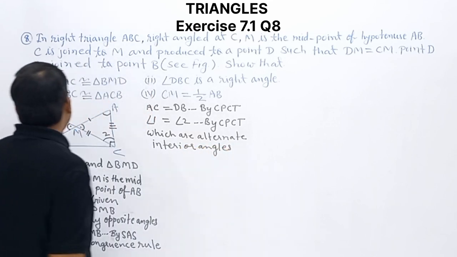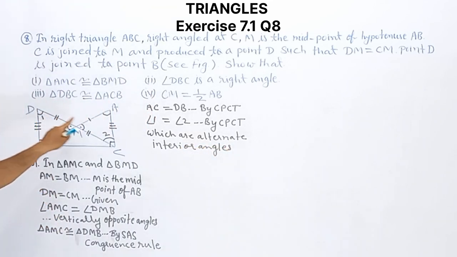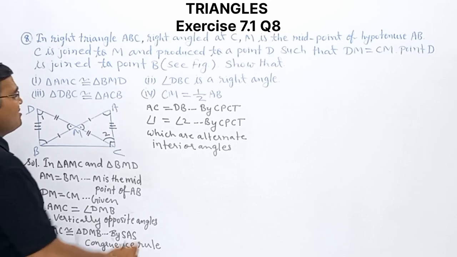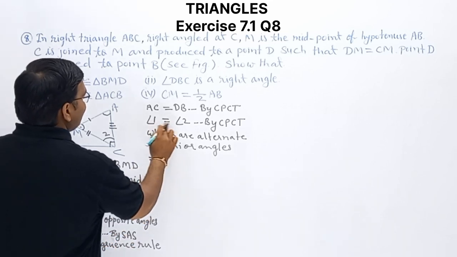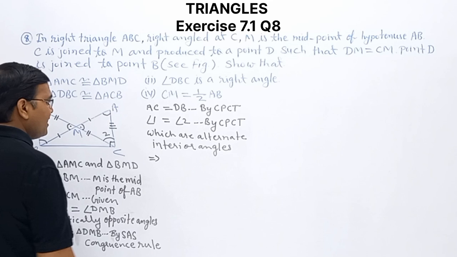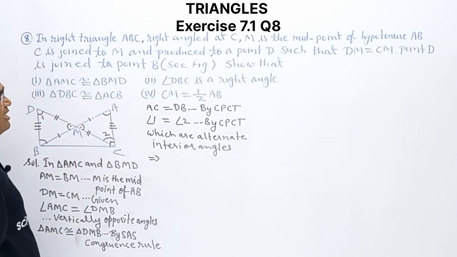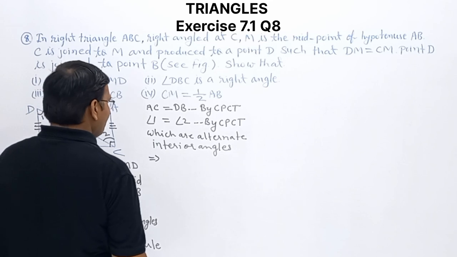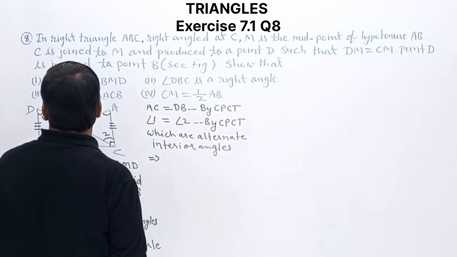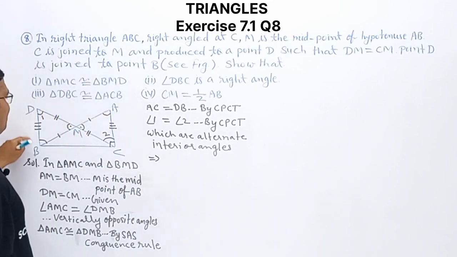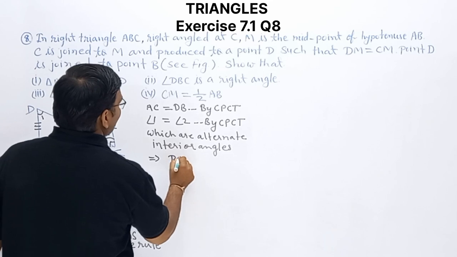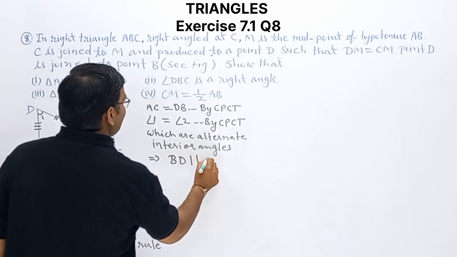This angle equal to this one, it means they are alternate interior angles. Alternate interior angles are equal. So finally we can say once they are equal and they are alternate interior angles, it means AC will be parallel to DB. AC will be parallel to DB. Or we can say BD will be parallel to CA.